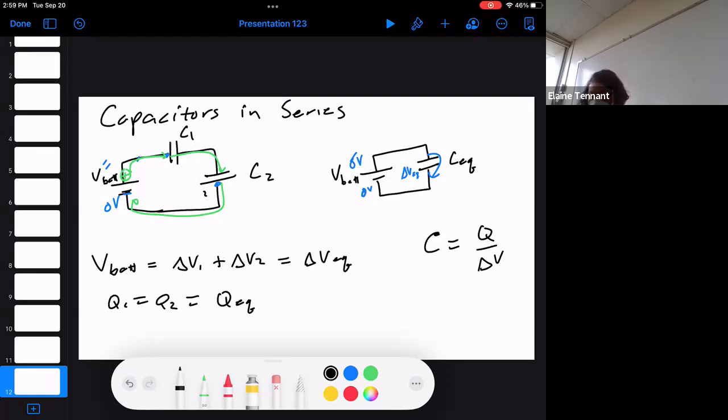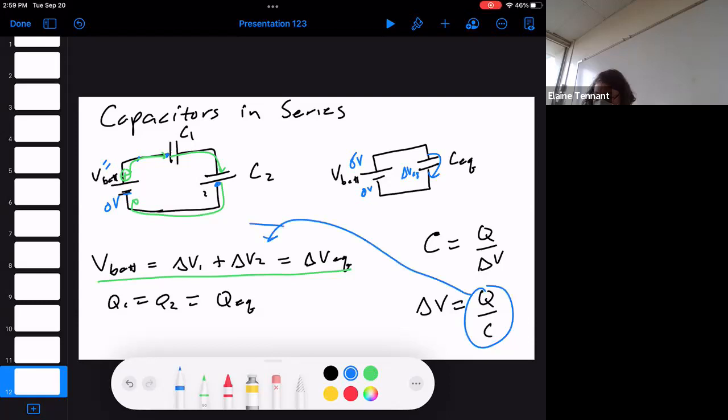All right, we're going to pull the same game. The equation I have now is that my individual voltages add up to the equivalent voltage. I want to write this in terms of capacitances. So I'm going to say delta V equals Q over C, and I'm going to plug that in here and here and here as well.